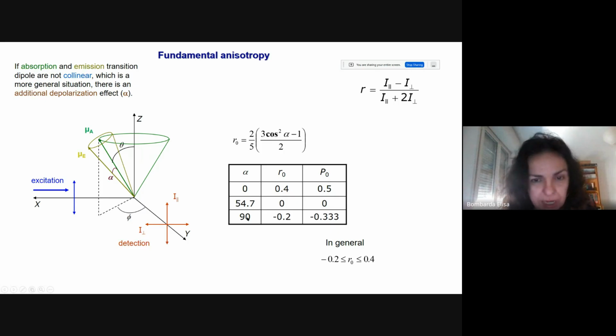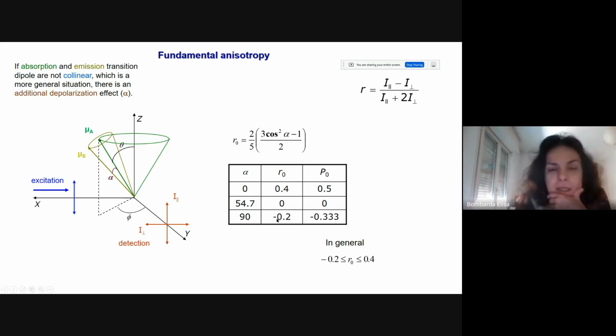For 90 degrees, which is the other extreme case, it is minus 0.2, we just have to make the calculation. So in general, that's why in the graph we will see the anisotropy plotted only between minus 0.2 and 0.4, because these are the two limiting cases that we can obtain.